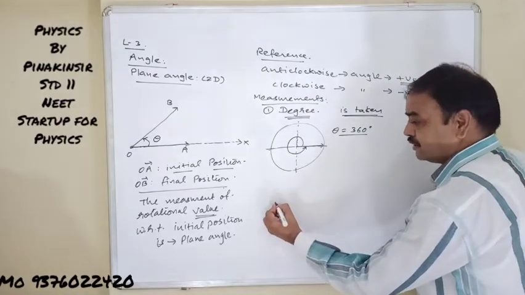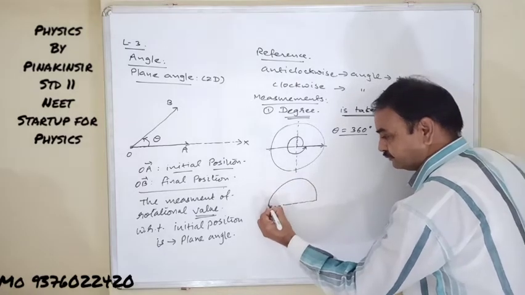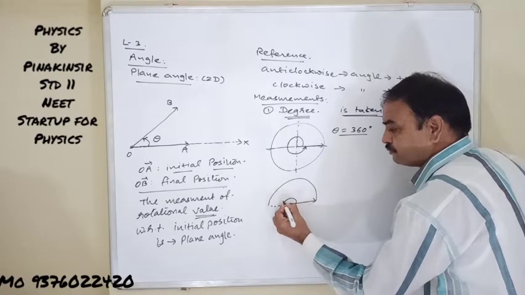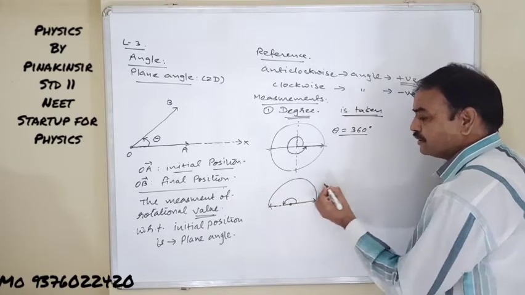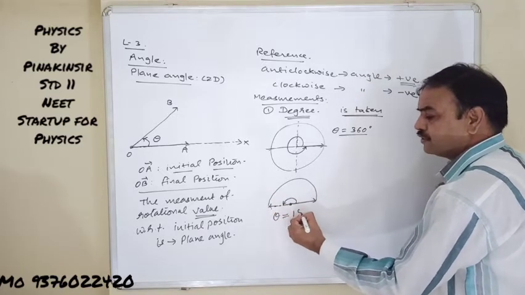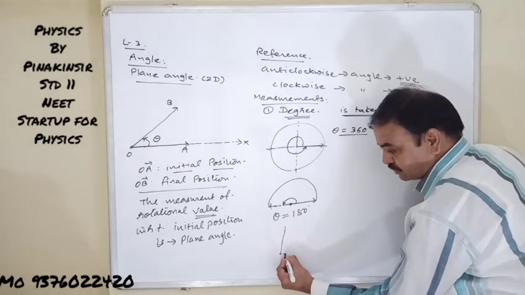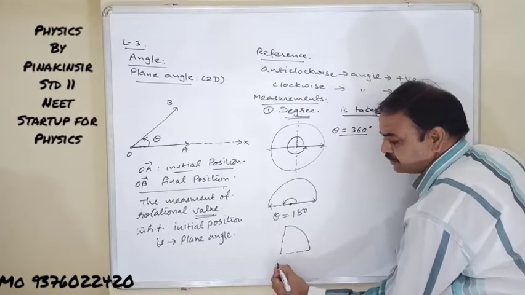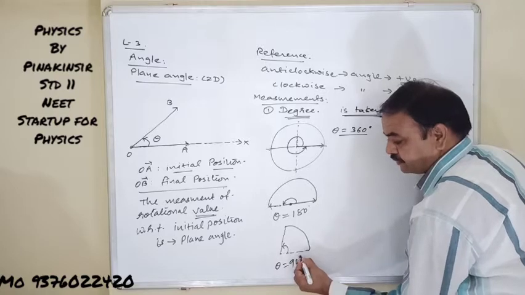Thereby we can say that if the ray rotates half a rotation like this, starting from the initial position to exactly half a rotation, then theta is naturally 180 degree. If it rotates 1/4 rotation like this, then theta is taken as 90 degree.